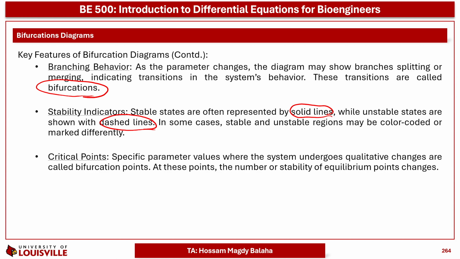In some cases, stable and unstable regions may be color-coded or marked differently, but commonly we use solid and dashed lines for stable and unstable states respectively. And the critical points where the system behaves differently or undergoes qualitative changes, we call bifurcation points.